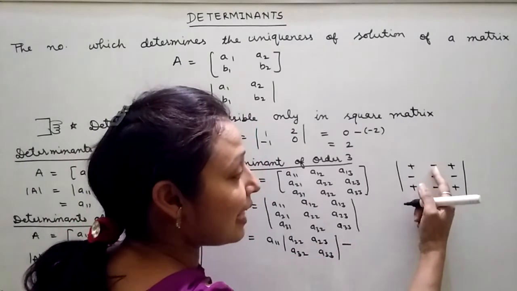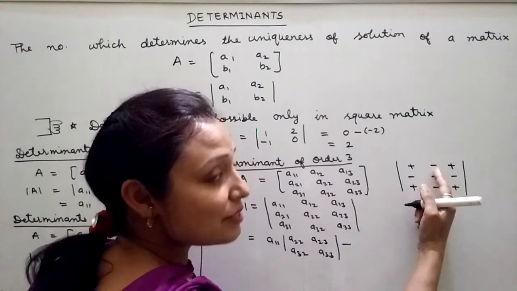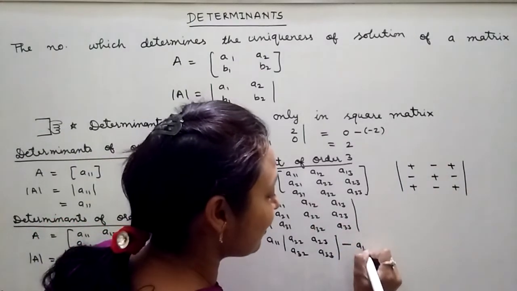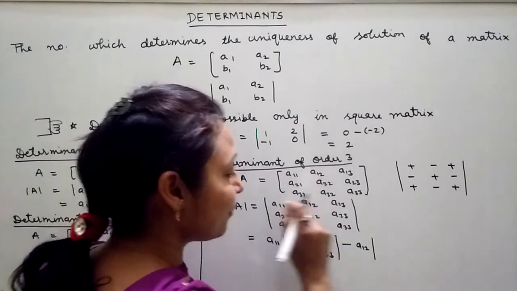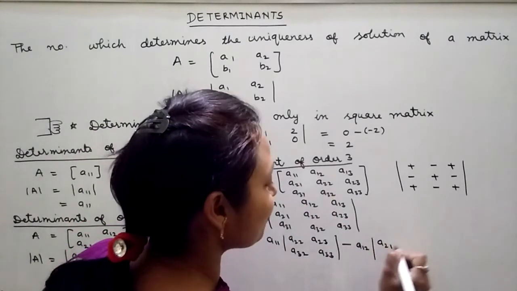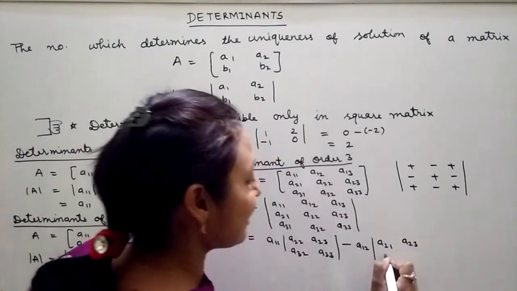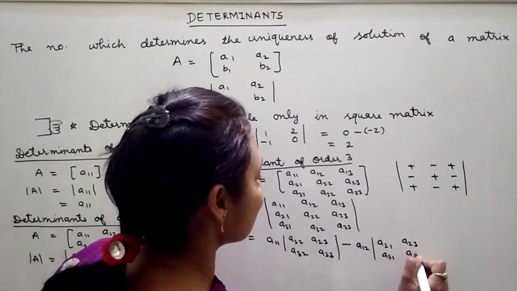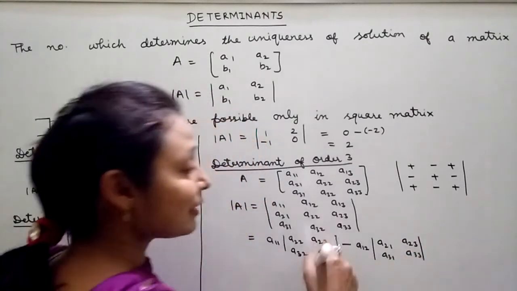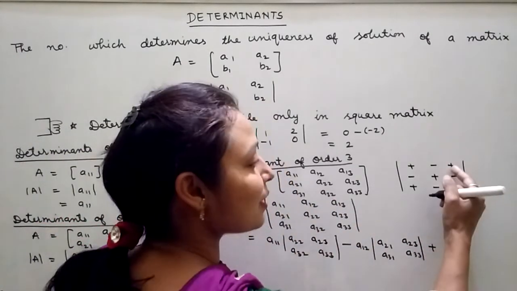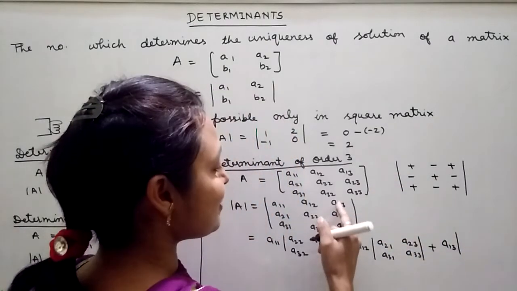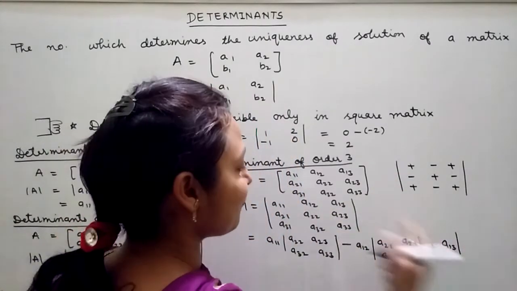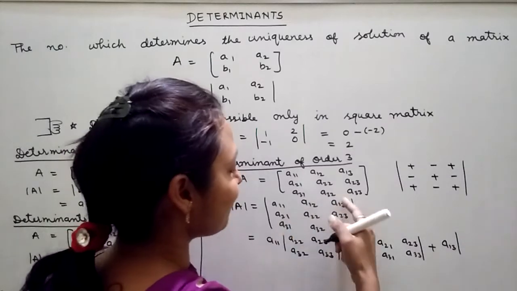Minus, with the second element we have to take the negative sign, A12, and this whole column and row will cancel. We have A21, A23, A31, A33. And the third element, again with the positive sign, A13. When you take A13, this whole column and row will cancel.